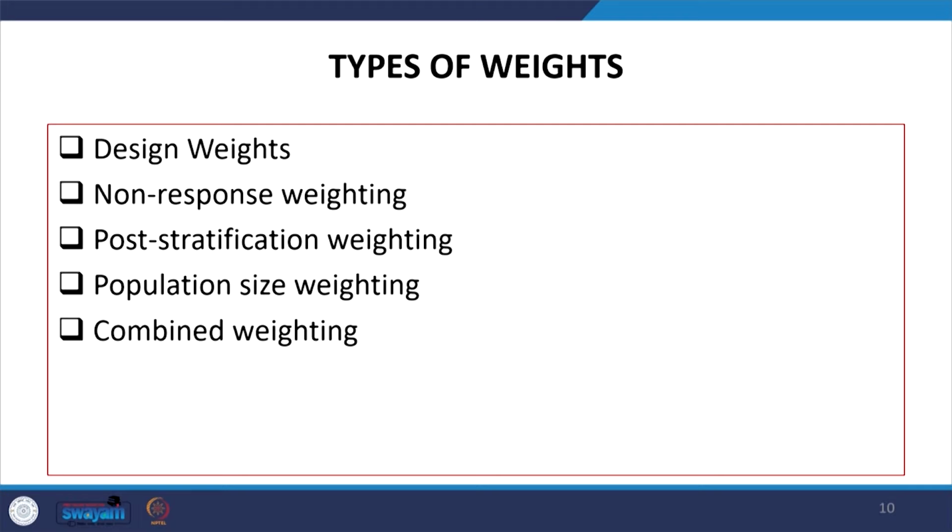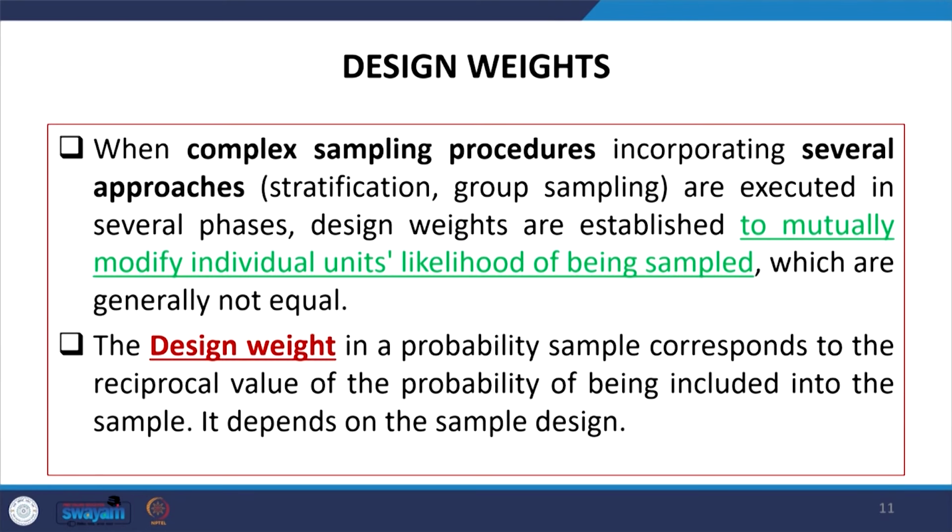There are different types of weights. Broadly we are indicating here five: design weights, non-response weighting, post-stratification weighting, population size weighting, and combined weighting. Okay. So, we will address them one by one. When complex sampling procedures incorporating several approaches such as stratification, group sampling, etc., are executed in several phases, design weights are estimated.